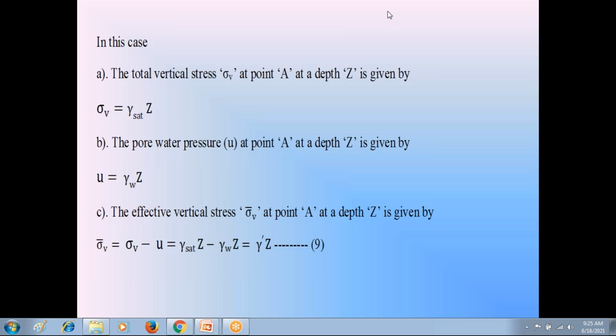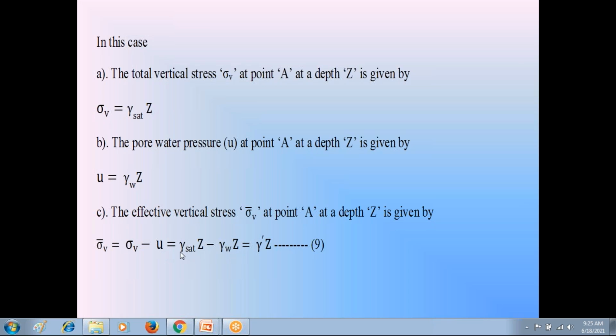In the second condition, in equation 9, sigma V dash is called the effective vertical stress acting on the soil element. Effective vertical stress sigma V dash is equal to total vertical stress sigma V minus the pore water pressure U. You know that sigma V is equal to gamma saturation into Z, and U is equal to gamma W into Z, that is the pore water pressure.